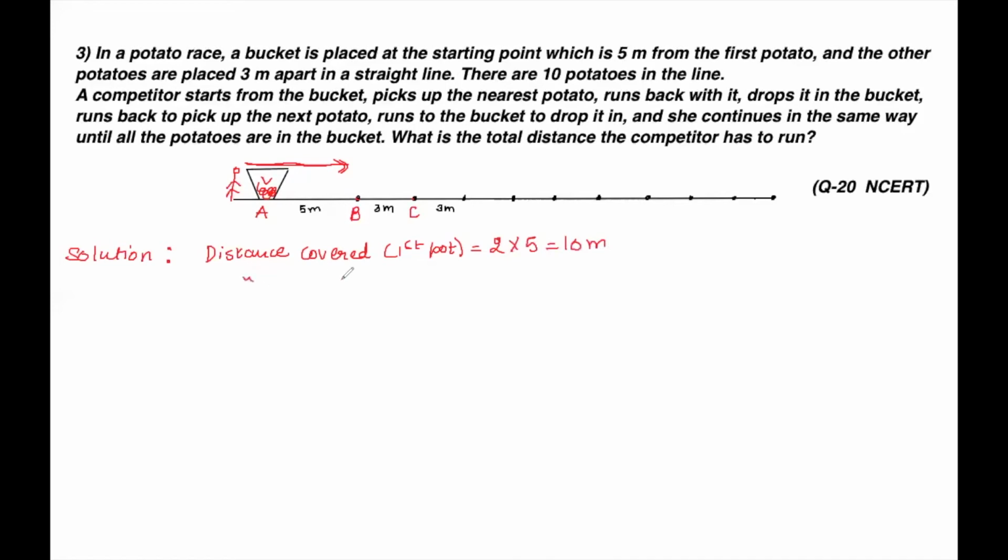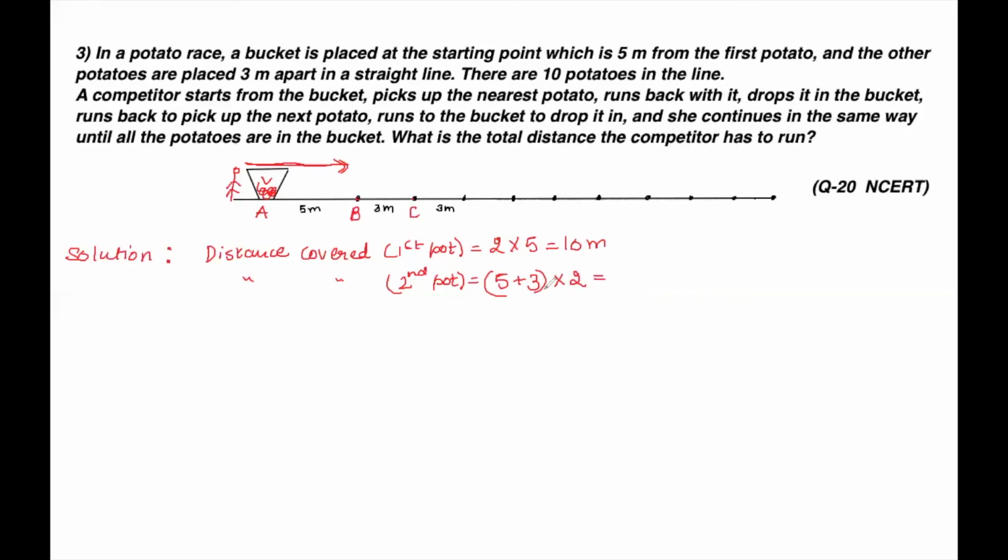Okay, so distance covered for the second potato. Now see, it would be 5 plus 3. It is one way, and because she will come back to the bucket, she needs to cover this distance twice. She will come here once and she will go back.